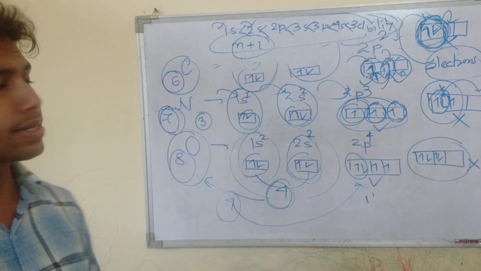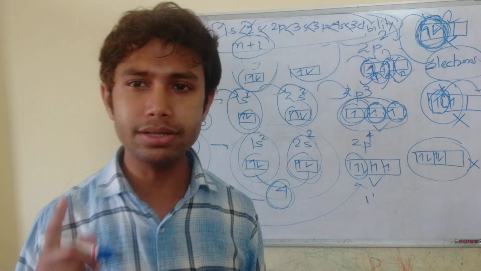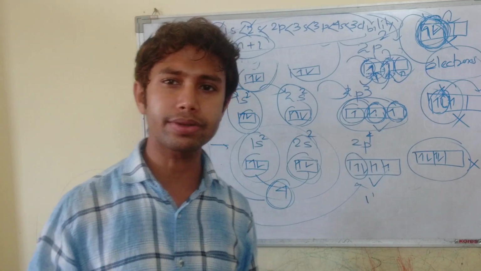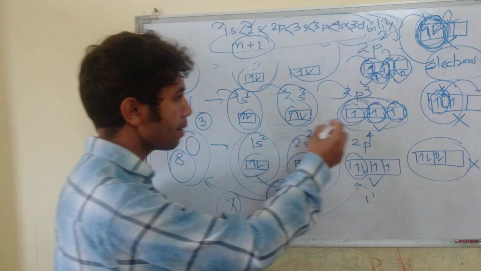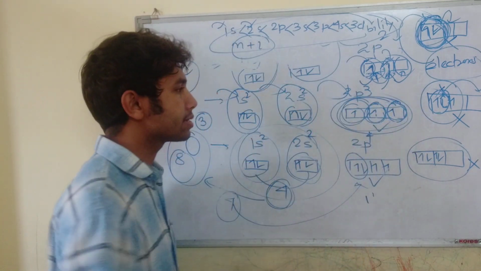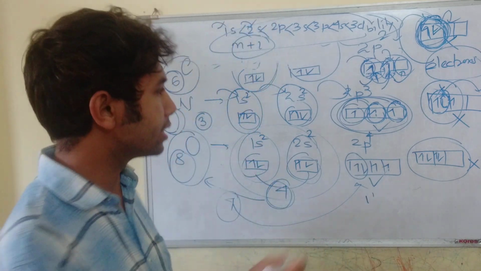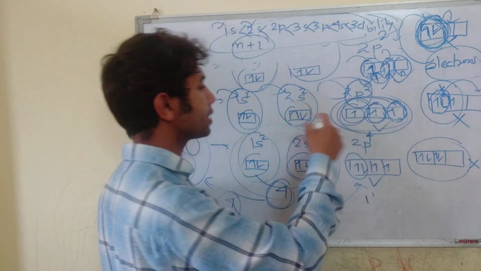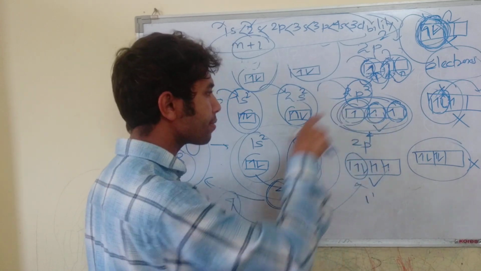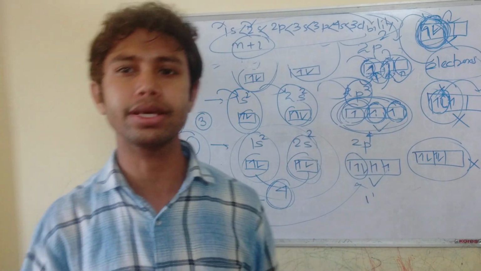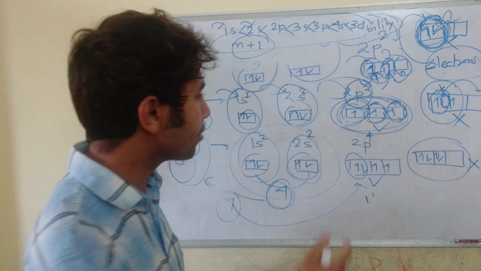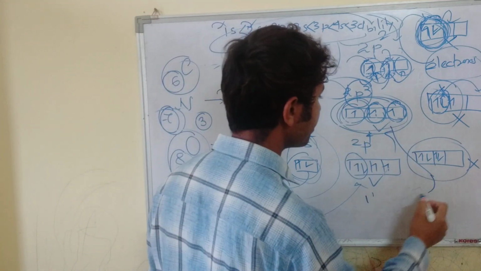Now, Hund's rule of maximum multiplicity: we have to fill up the degenerate orbitals, means those orbitals which have the same energies. The p subshell has 3 different orbitals, and these orbitals have the same energies, so they are known as degenerate orbitals.